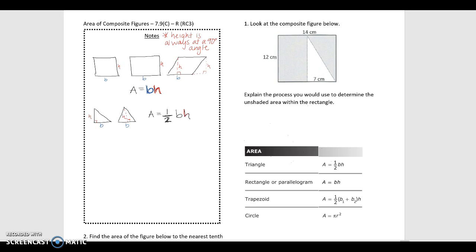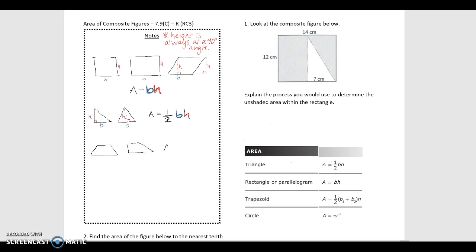Next shape we're going to go over is a trapezoid. So a trapezoid can either be seen like this, or sometimes it's straight up and down and goes like that. Both of these are trapezoids because they have one parallel set of sides and one set that's not parallel.